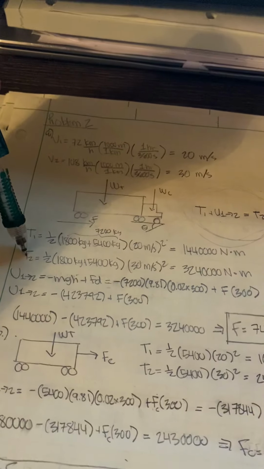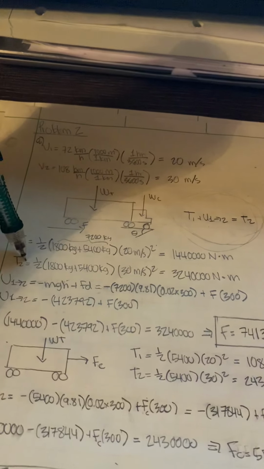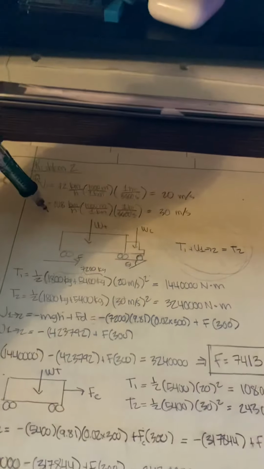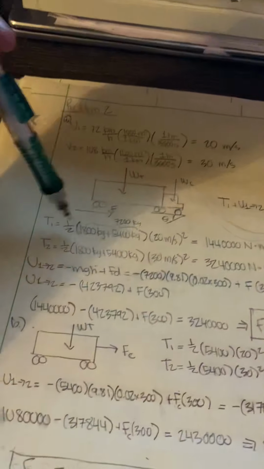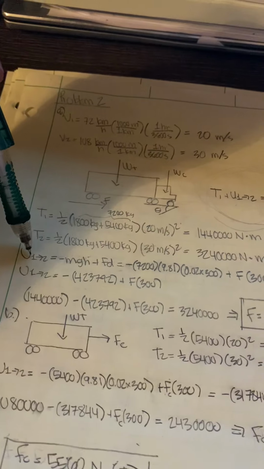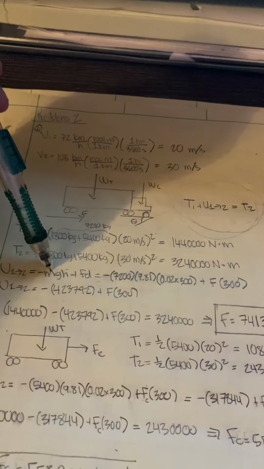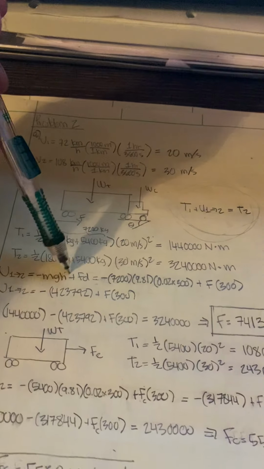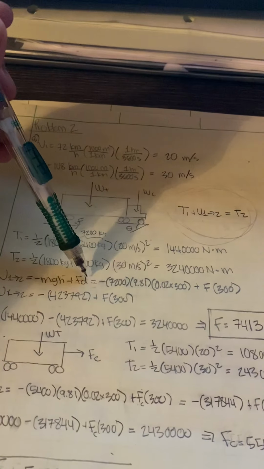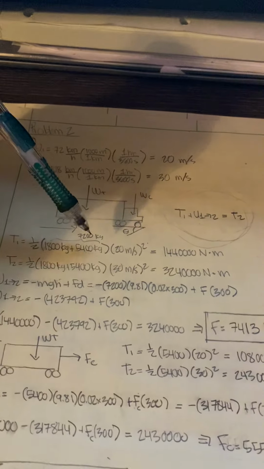We do the same with 2, the kinetic energy at 2. We use the velocity that's given to us, and we get this right here. And then for the U, we do minus m times g times h plus F times d, because there's also a force going onto it.